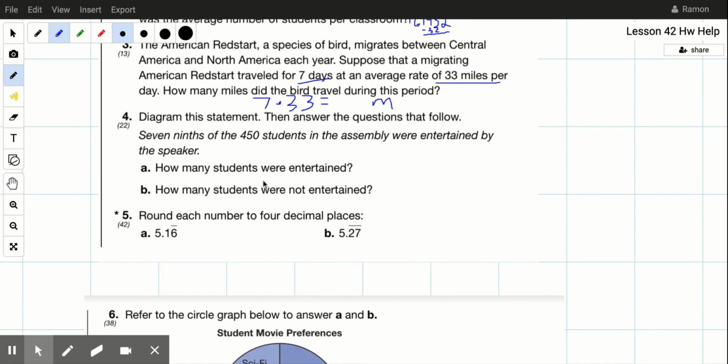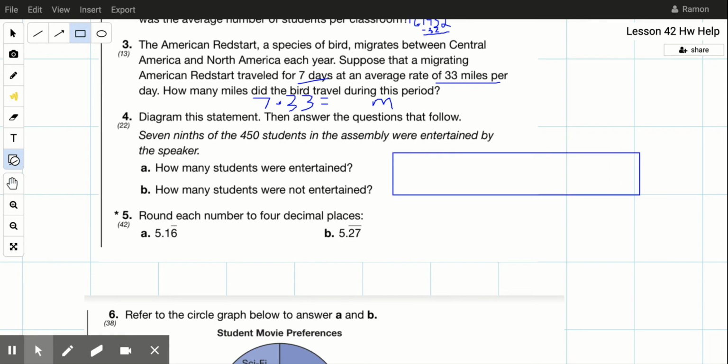Number 4, diagram the statement, then answer the questions that follow. So we have 7/9 of the 450 students in the assembly were entertained by the speaker. So we have nines, then we have to split this into thirds, and then we have to split each of those into thirds.